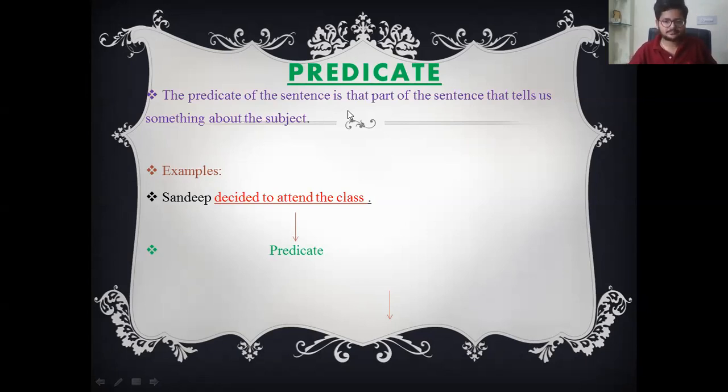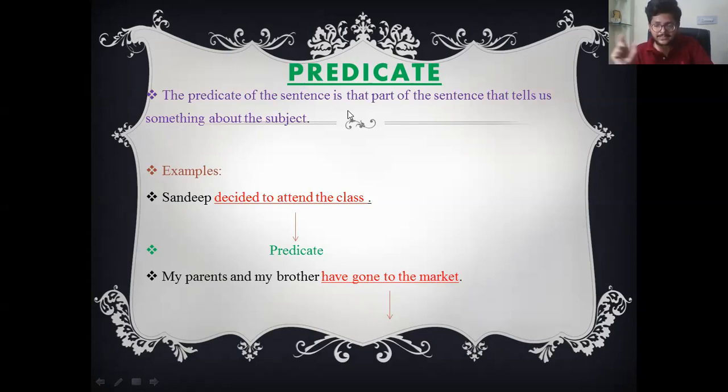Next. Second example. My parents and my brother have gone to the market. My parents and my brother, what is being talked about? My parents and my brother is the subject, and what is being said? That they have gone to the market.